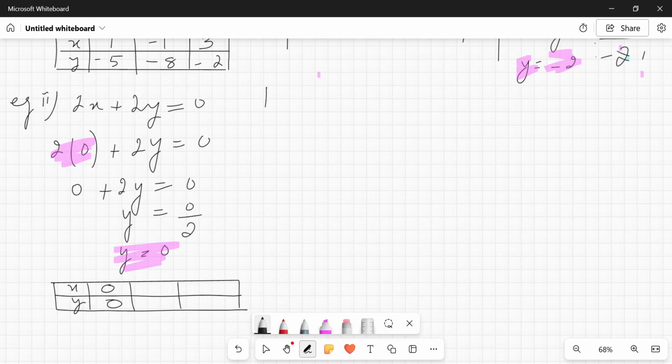Now let's do the second value of x. I'm writing the second equation again. Now, x I'm taking 2, right?